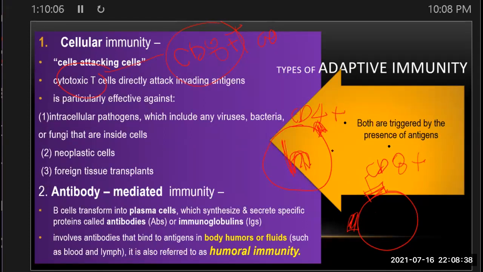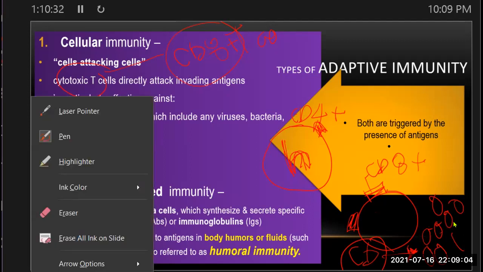So this is a way of using CDs, or clusters of differentiation. This is a way for us to know what particular cell that is, specifically for our lymphocytes, for our leukocytes, for WBCs, to differentiate the granulocytes, the lymphocytes. Class, remember, for a while, not the eraser.